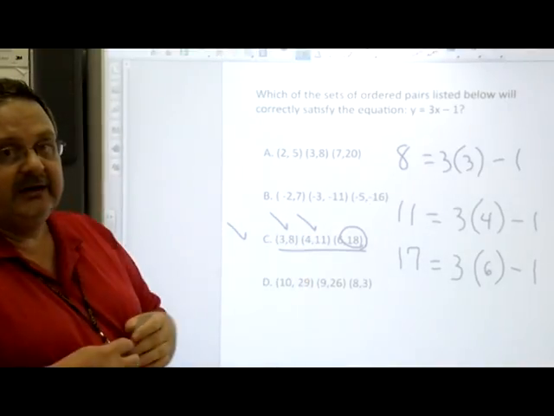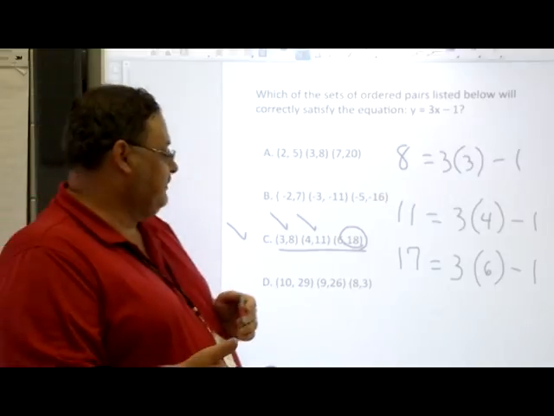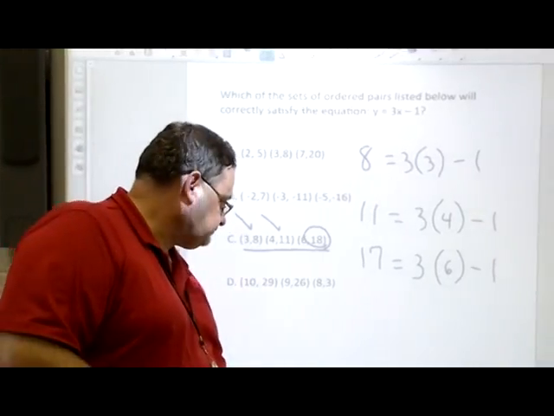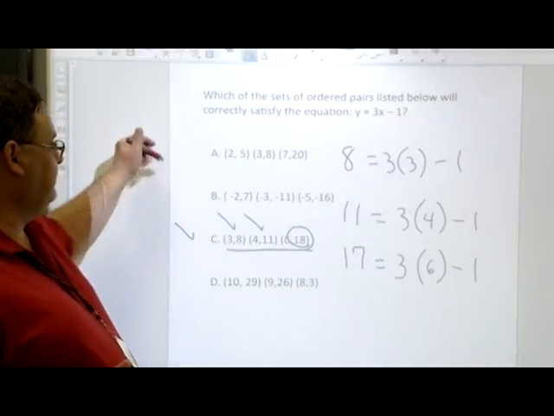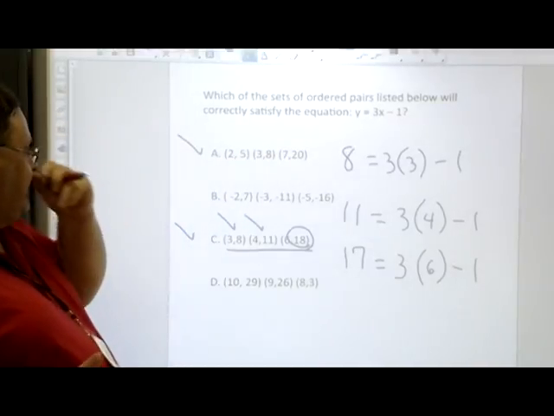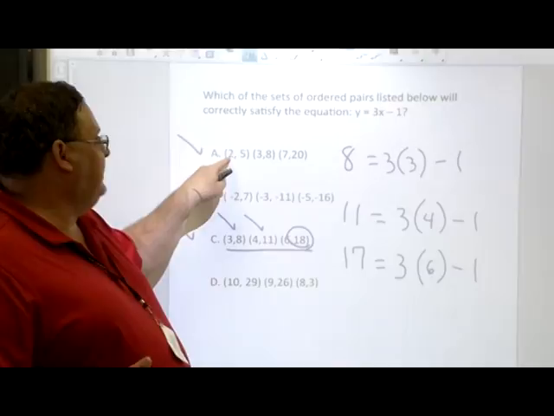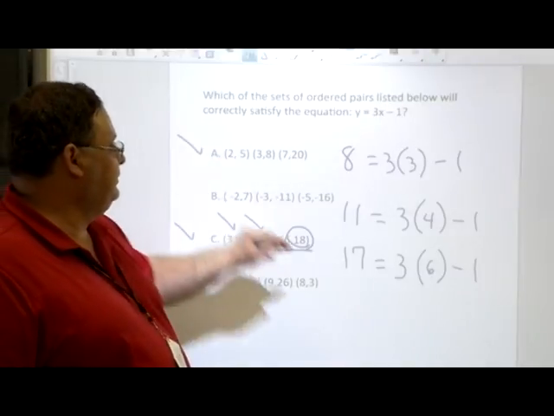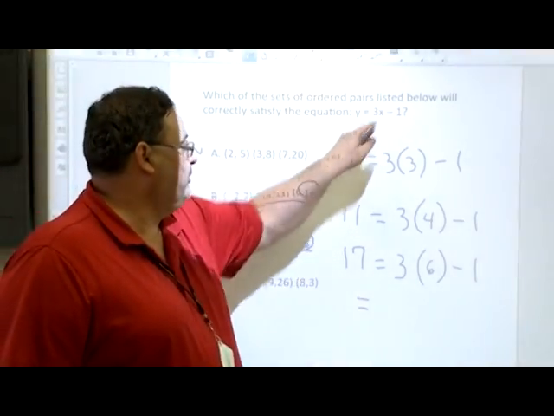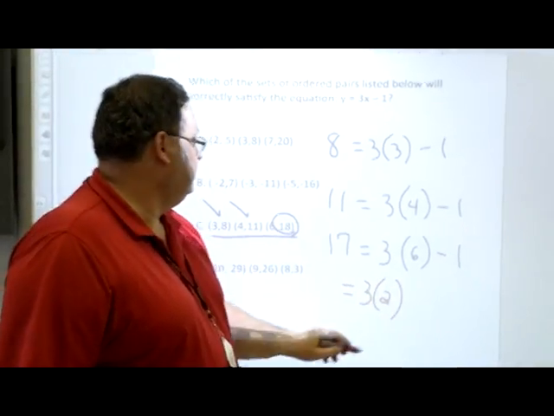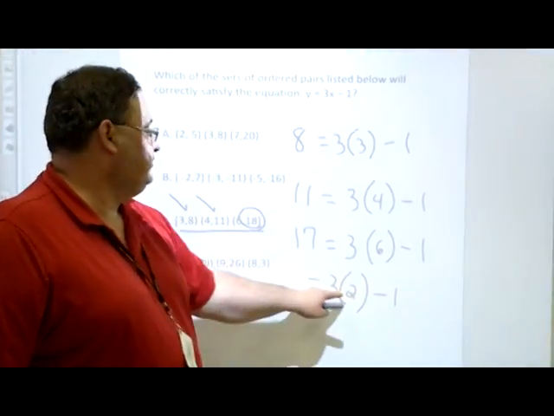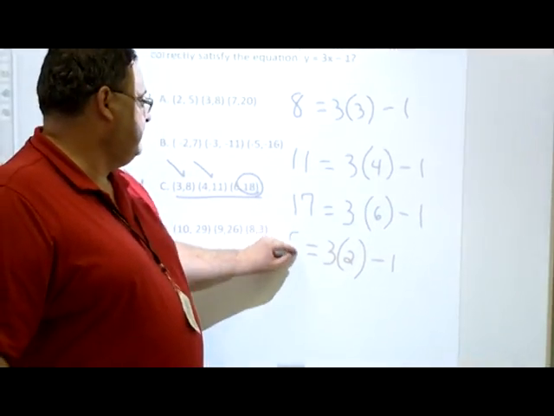So now the only thing I can do is keep repeating the problem and checking with different ordered pairs. I'll come back up here and we'll try A. My x value on the first ordered pair is 2, and I'm using the same equation. 3 times 2 is 6, minus 1 is 5.